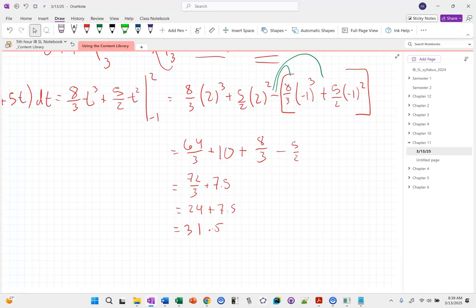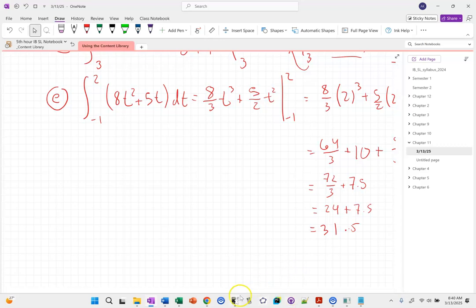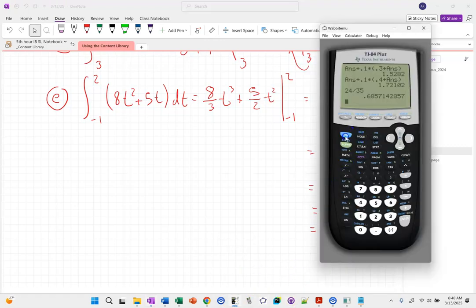All right, so let's show you some calculator stuff here. Let's say I want to do the same problem that we just did on our calculator. Check this out. I'm just going to turn my calculator on, press the math button, scroll down and pick command 9 called fnint. That stands for function integration.